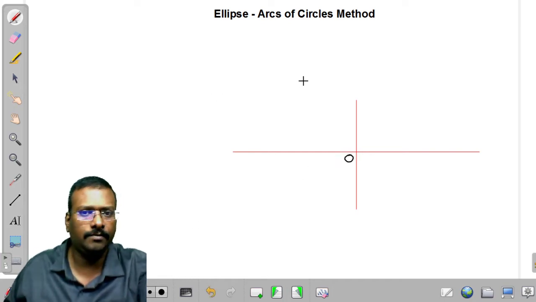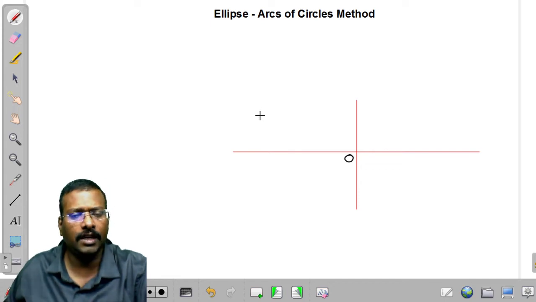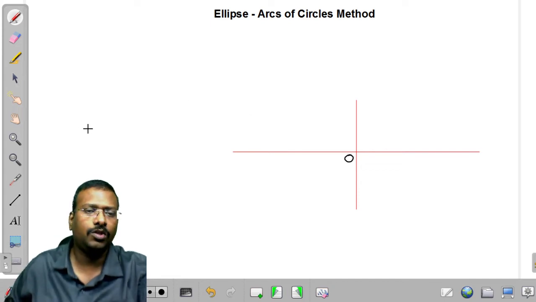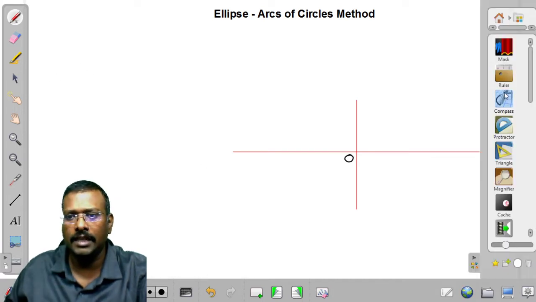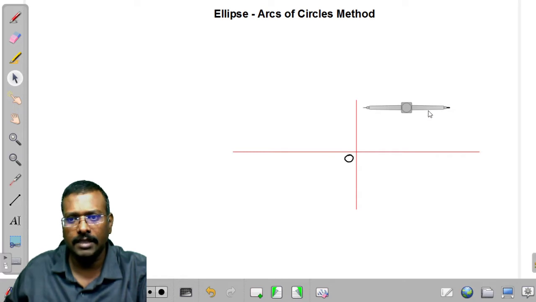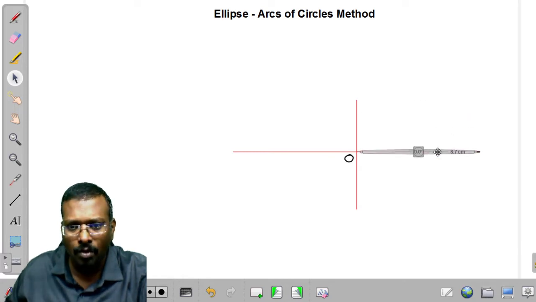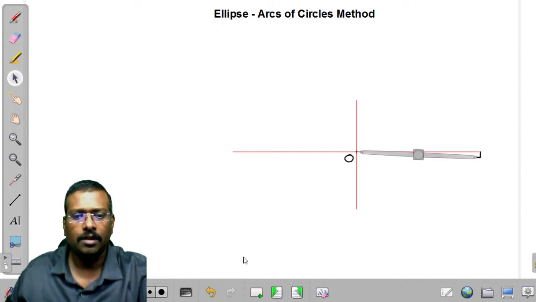Now F1, F2 is given and AB is given. Take half of the length of AB as radius, with O as center. Draw the arcs on both sides of the horizontal line.